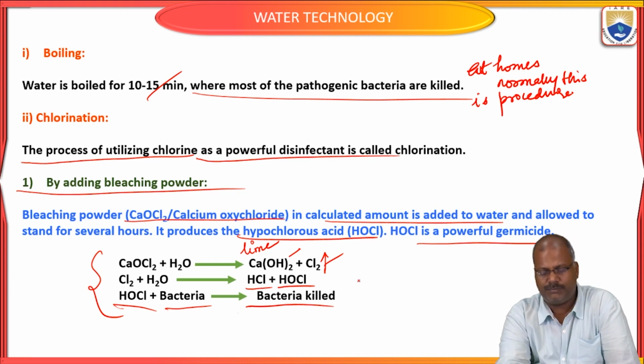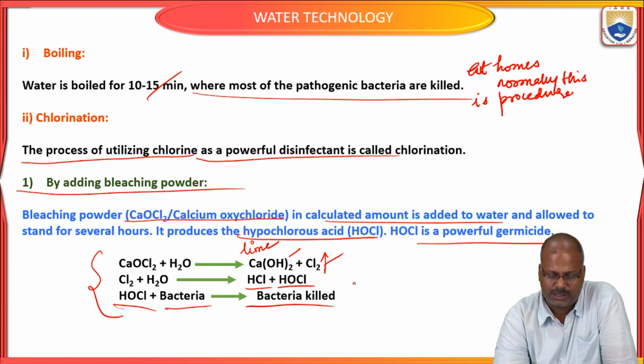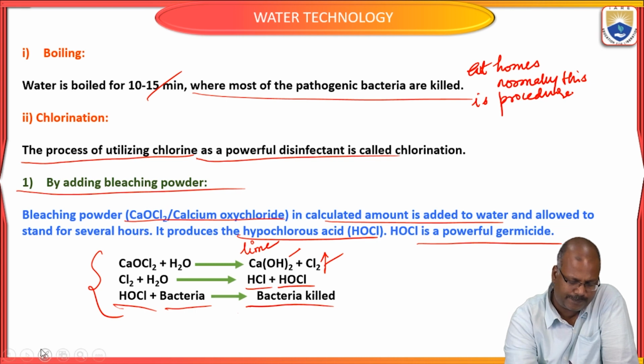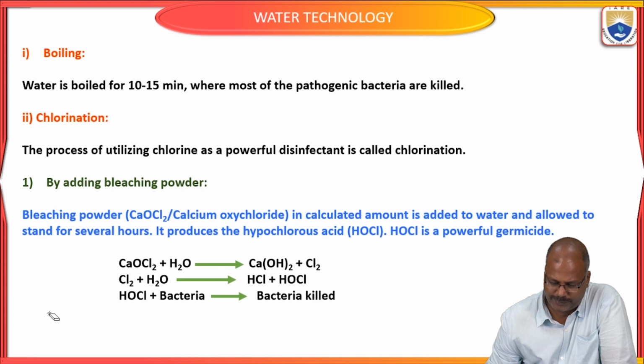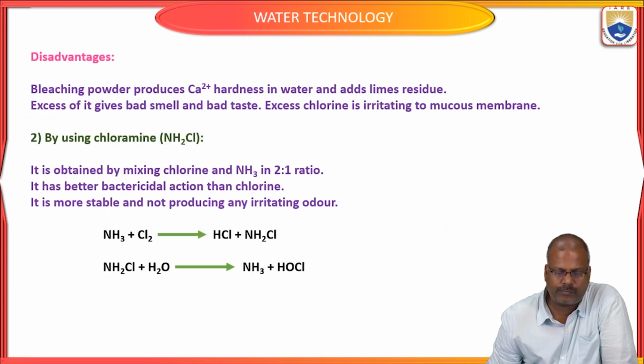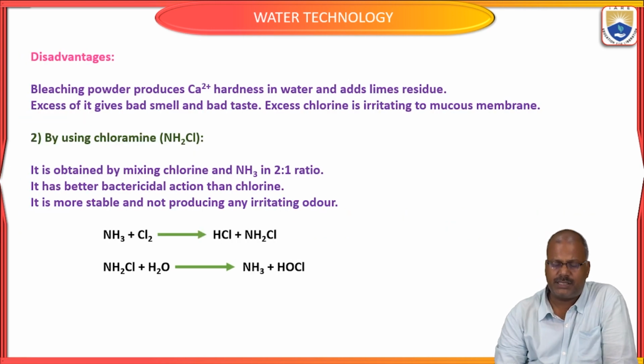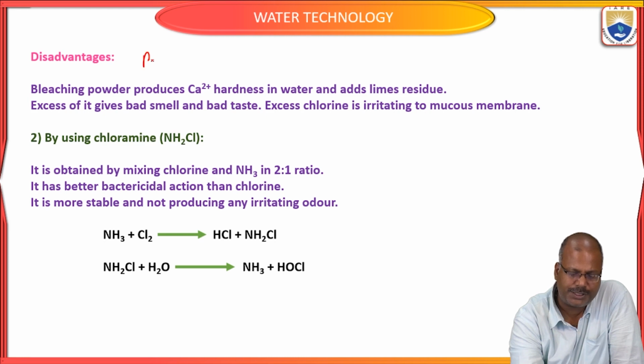So bacteria are killed. So that's how we can make the water safe for drinking. Okay. What are the disadvantages of using bleaching powder?